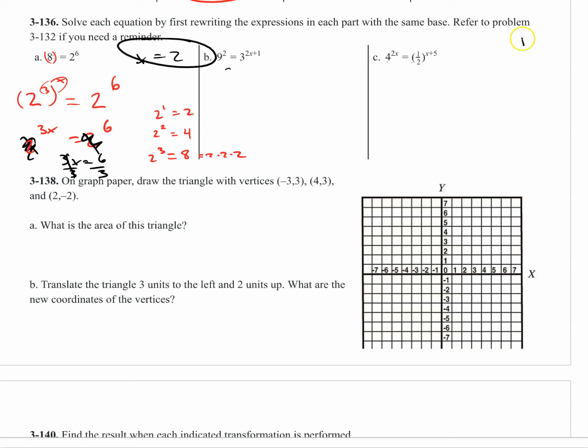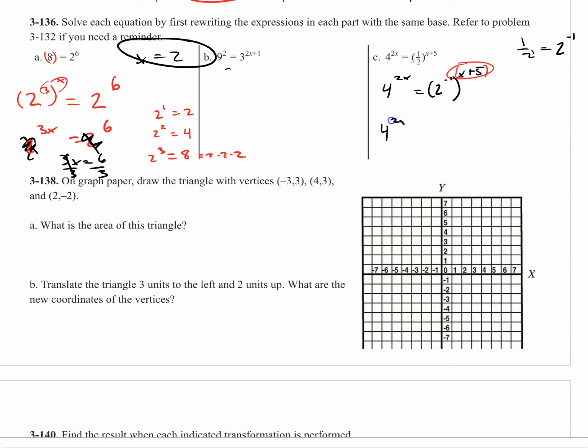Well, 1/2, fun fact, is 2 to the power negative 1. Negative exponent, flip, and the exponent becomes positive. So I can rewrite this as 4 to the power 2x equals 2 to the power negative 1 raised to the power x plus 5. Now if I put little parentheses around these, power to a power, I have to multiply.